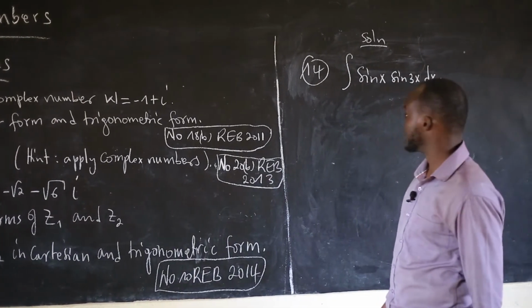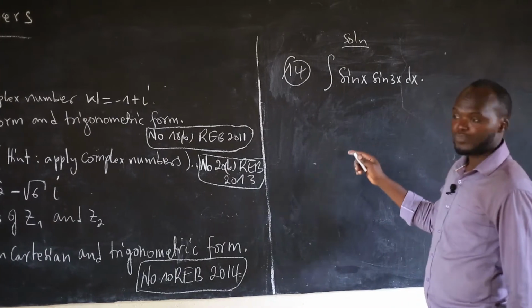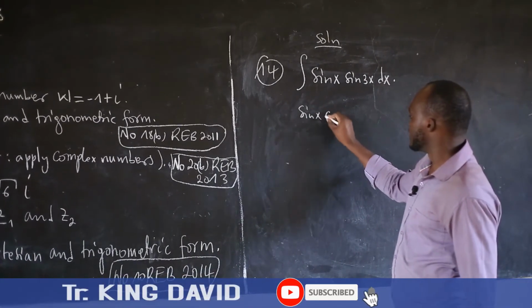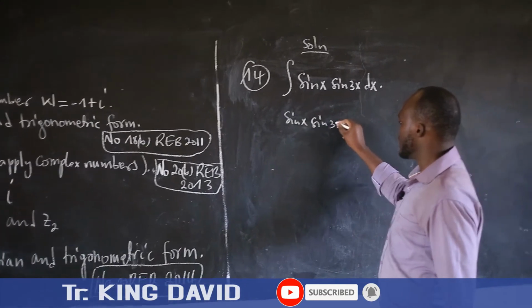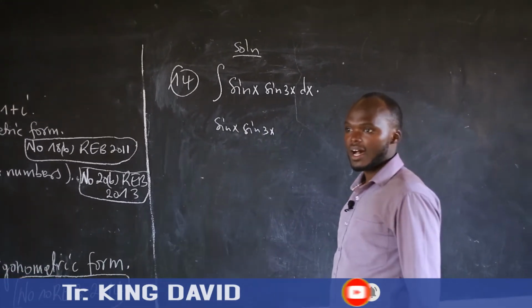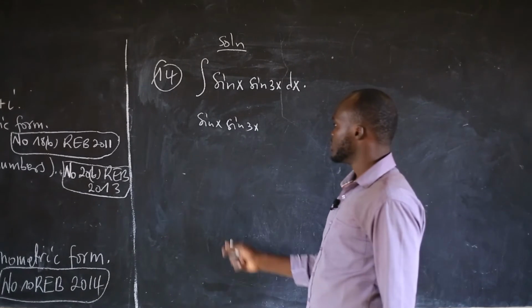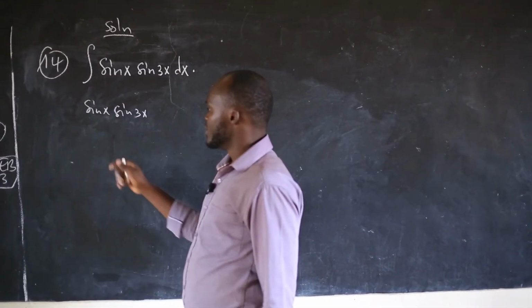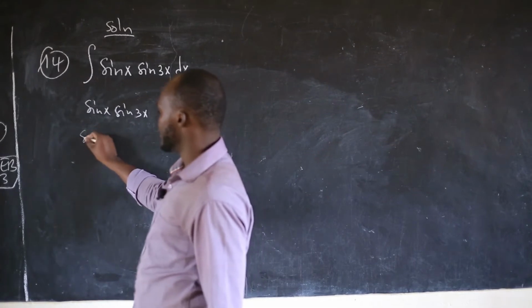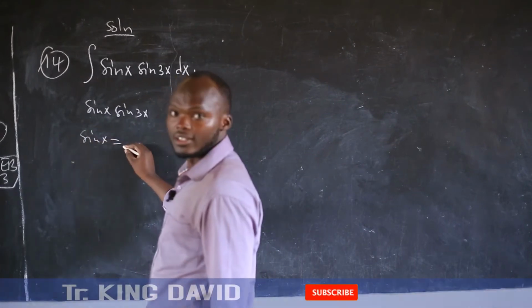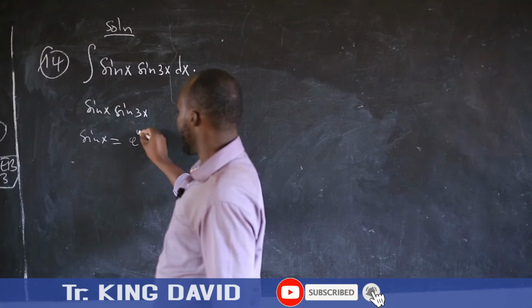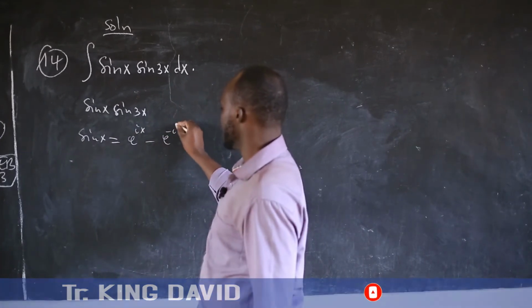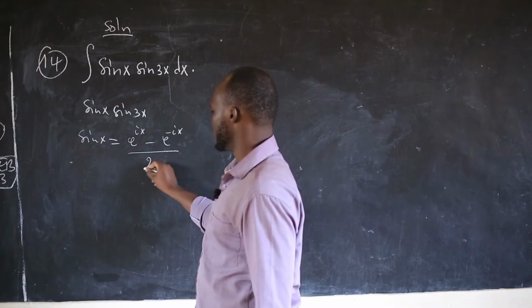Applying what? Complex numbers. So remember, when you have like sin x, sin 3x, you can use Euler's formula and binomial expansion to expand this one. So I don't know if you remember that sin x is e power ix minus e power negative ix over 2I.